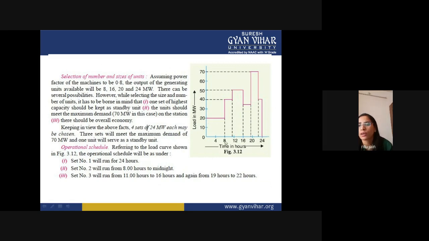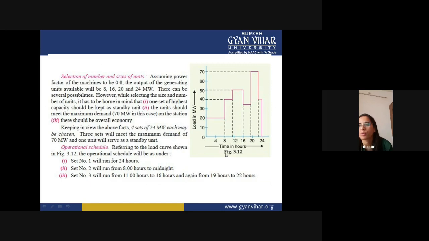Now, for the next 8 hours, from 8 hours to midnight, at least you need set number 2. Set number 2 will run from 8 hours to midnight, and set number 3 will run from 11 hours to 16 hours, and again from 19 hours to 22 hours.